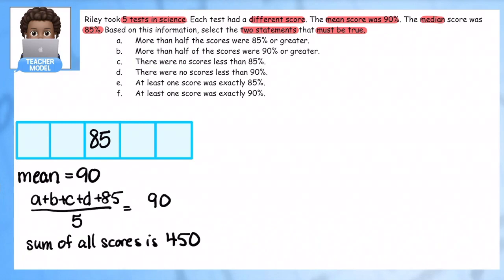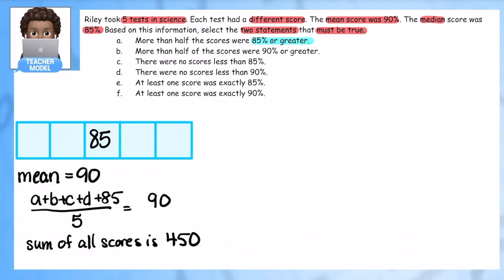All right, let's look at what we have here. Let's look at the first one. First one says more than half of the scores were 85 or greater. So is that true? More than half of them, so 3 of them, at least 3 were an 85 or greater. That has to be true, because if 85 is my middle number and these two are greater than 85, then that's telling me that 3 scores are 85 or higher.